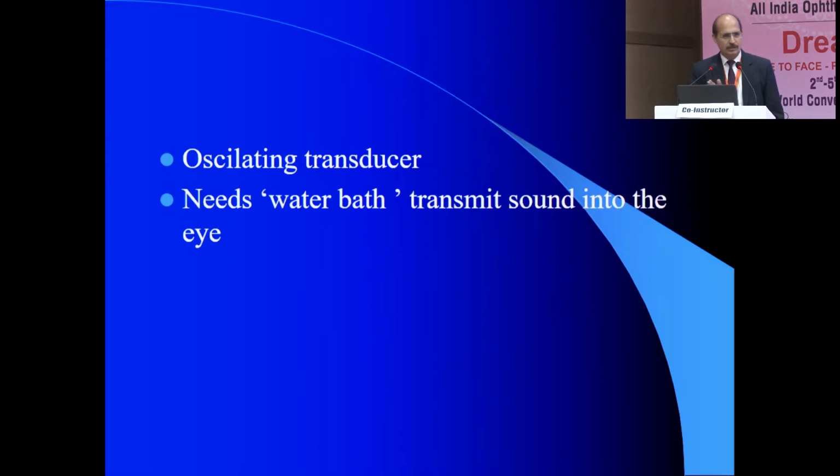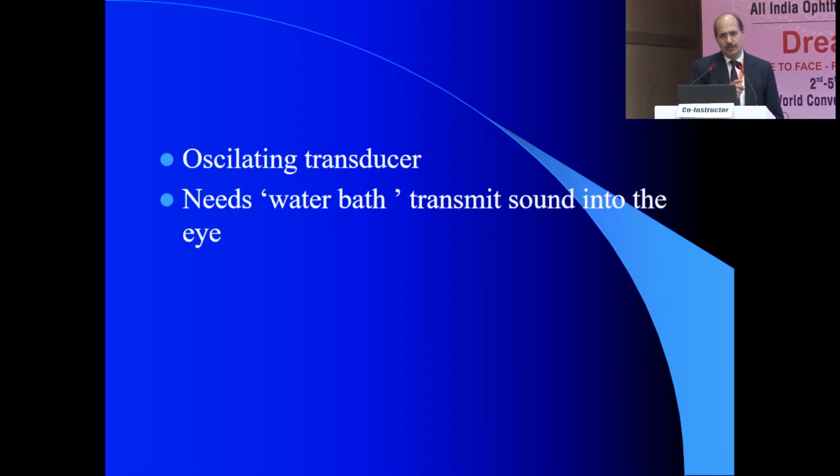To get a lot of echoes, there is an oscillating transducer, so that you can cover a certain area or certain angle in the tissue. The important thing is that you need a very good tissue-probe interface, because if that's not taken care of, then a lot of sound will get reflected off the interface itself, and the image quality will be poor.